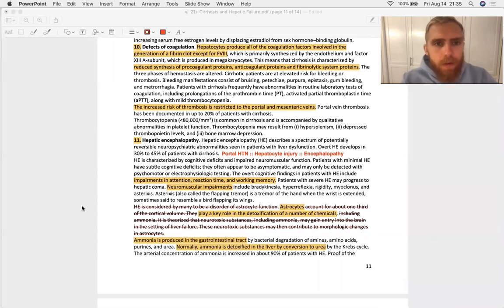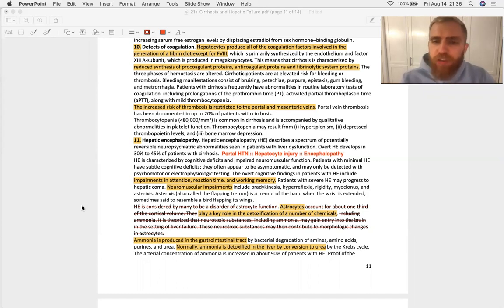The 10th sign of decompensated cirrhosis is a defect in coagulation, and that's because your liver produces all of the coagulation factors involved in the generation of a fibrin clot except for factor 8. It doesn't make von Willebrand factor either, which complexes with factor 8 in the bloodstream.